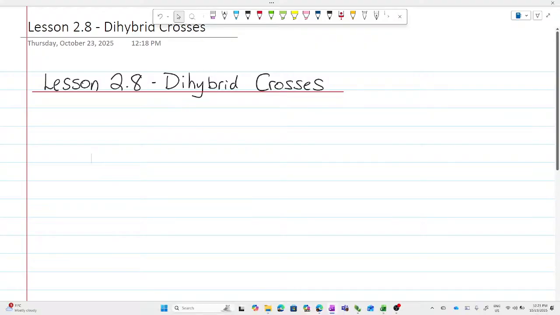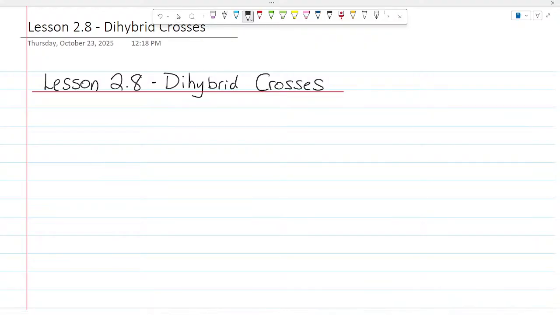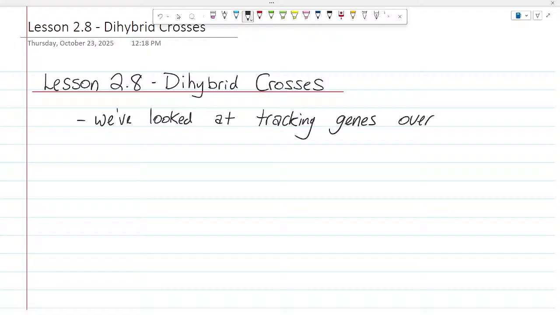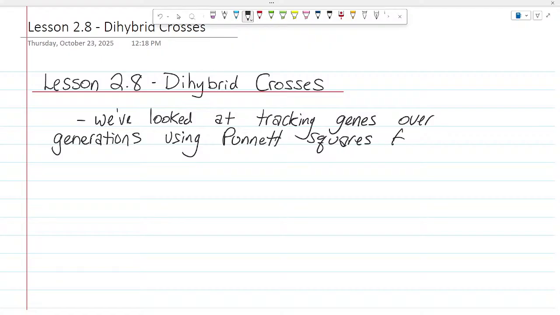But in the meantime, dihybrid crosses. We've looked at tracking genes over generations, right, using Punnett squares, but for one trait only.